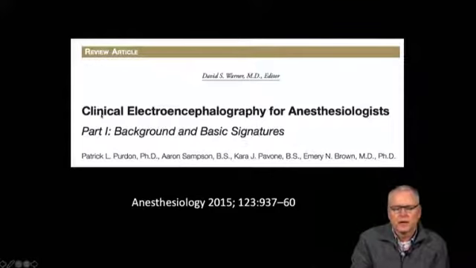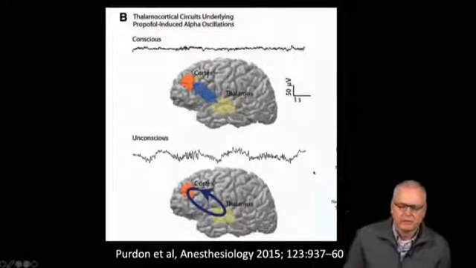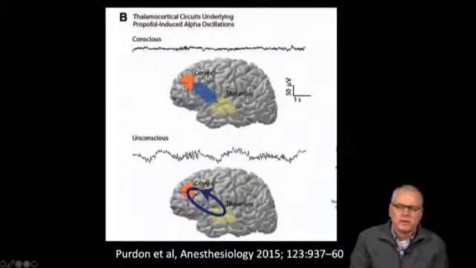This was entitled Clinical Electroencephalography for Anesthesiologists, Part 1, Background and Basic Signatures. And one of the figures they have, I'd like to show here, I think it's really interesting to orient everybody.